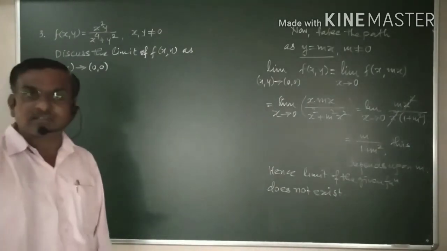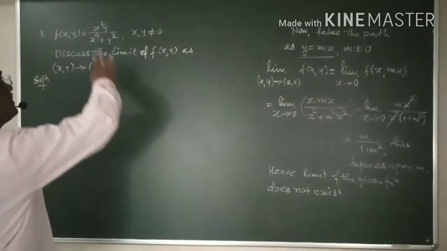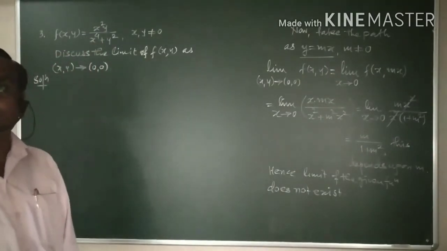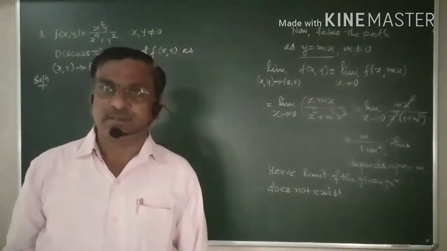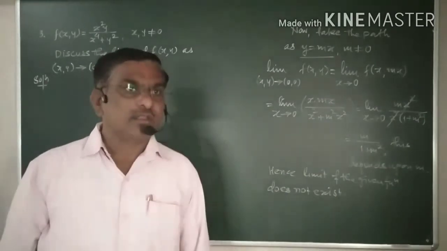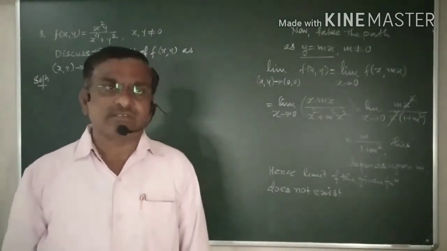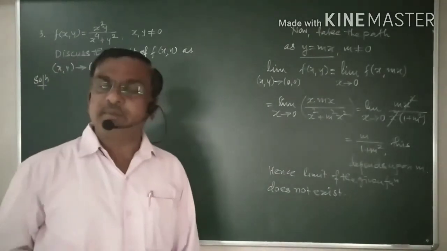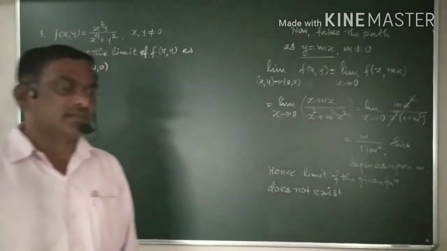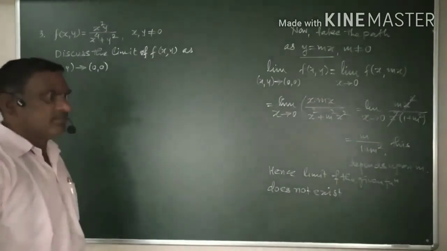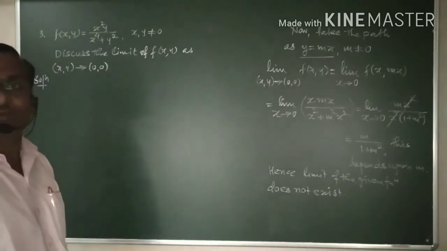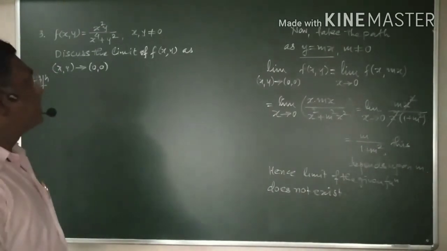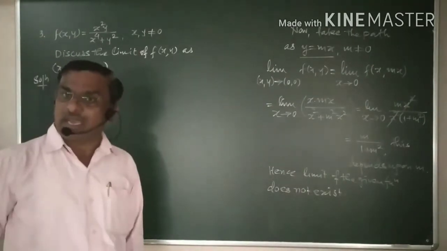Means there are three paths where you are getting 0 as the limit. In such cases, depending on only these three paths, you cannot say that the limit of a given function exists or does not exist, and therefore we need to search for another path.